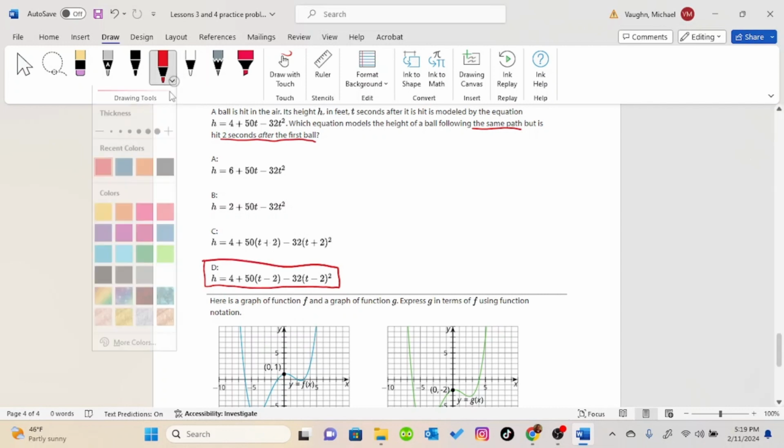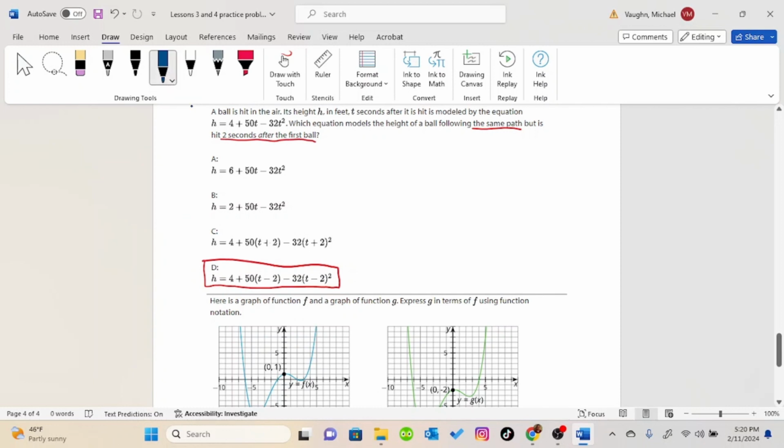The others are not correct, because in this one we added 2 to the output. So this shifts up 2 units.